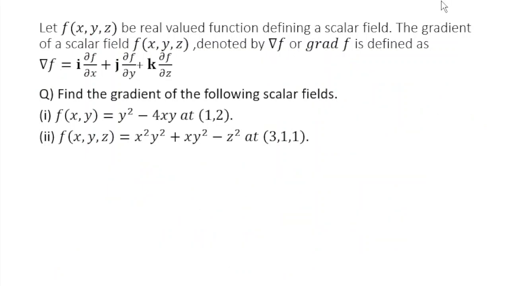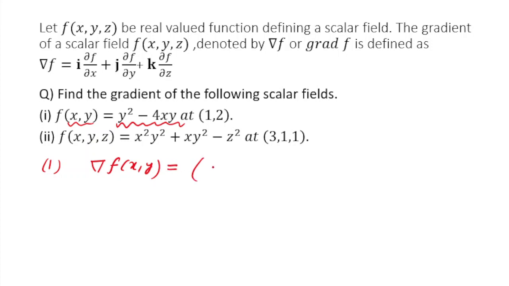The first problem that I am going to solve: find the gradient of the following scalar field. There are two parts here, so let us solve the first one. Here the function is given in two dimensions, with just x and y. So how do I find the gradient of f of x comma y?